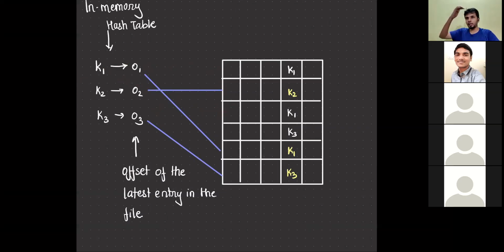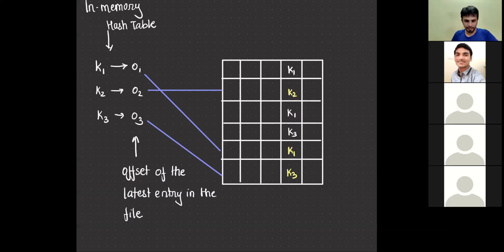Every time you are writing onto the disk, you are also updating an in-memory hash table with the starting index where your writes have begun. This way, you can maintain a very simple in-memory hash table that points to the most recent occurrence of the key in the file.